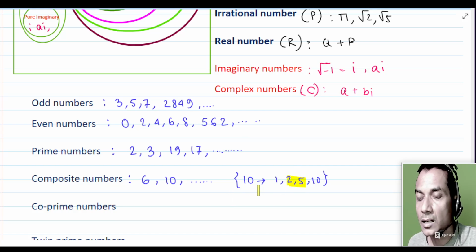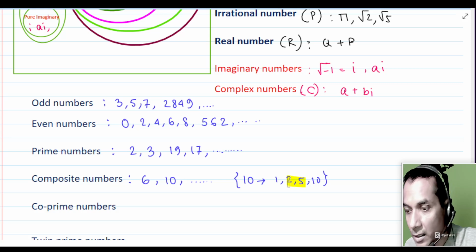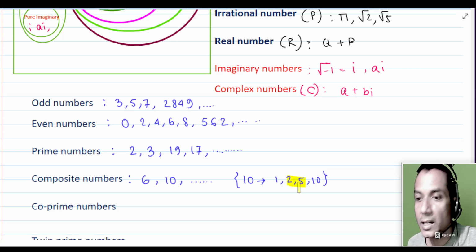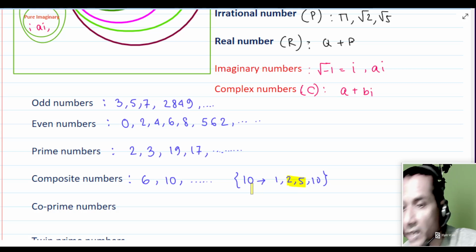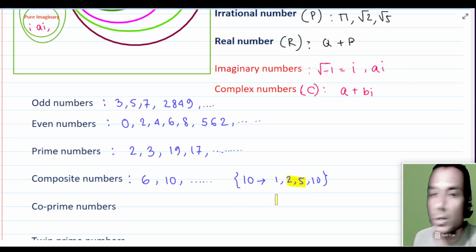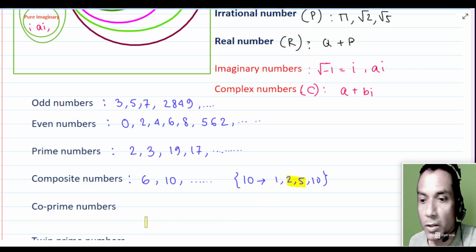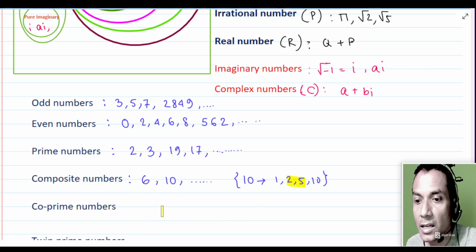For a prime number, the condition was that the number is divisible by only 1 and itself. But here two other factors can divide 10, which are factors of 10. That is the reason 10 is a composite number.